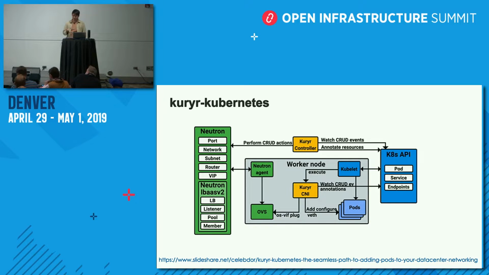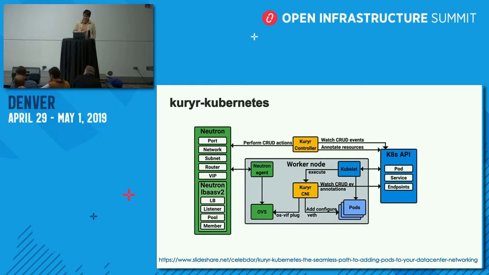The other component of Kuryr-Kubernetes is Kuryr CNI. It is yet another CNI plugin. So it will accept commands from Kubernetes and create network interfaces for Kubernetes pods. But unlike what we mentioned about veth devices and Linux bridge, Kuryr CNI creates a container network interface by using OpenStack's library.